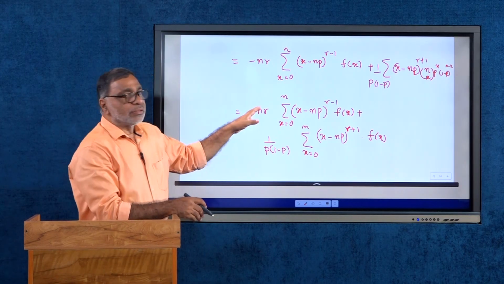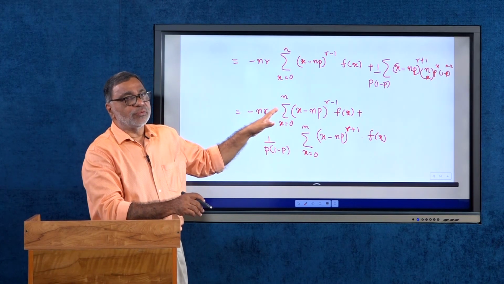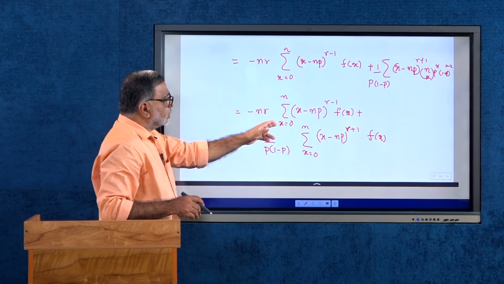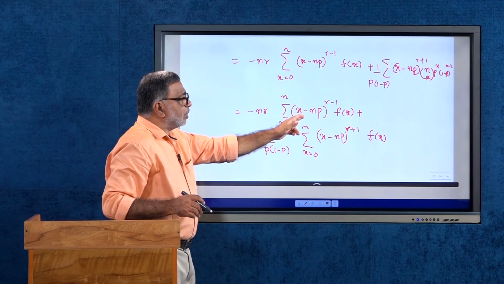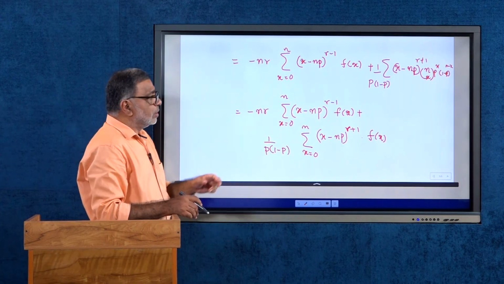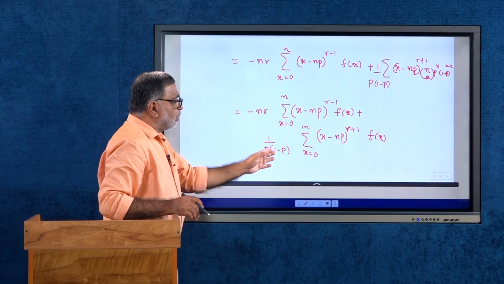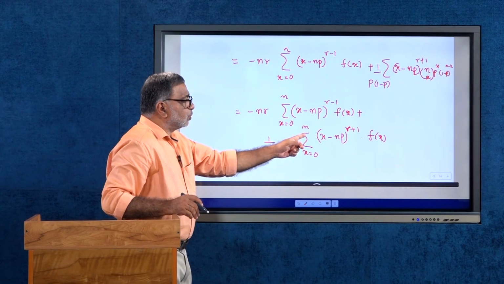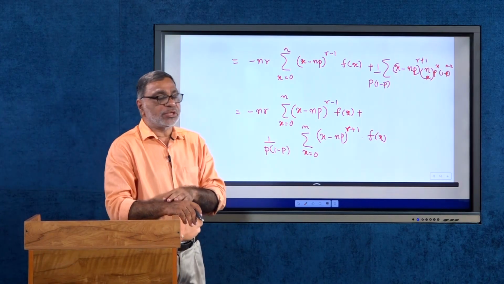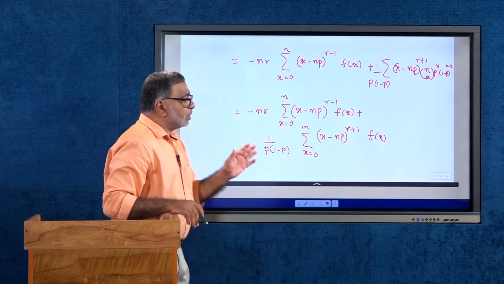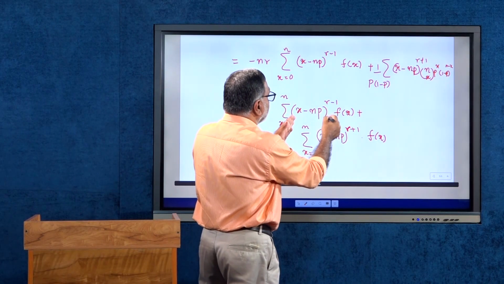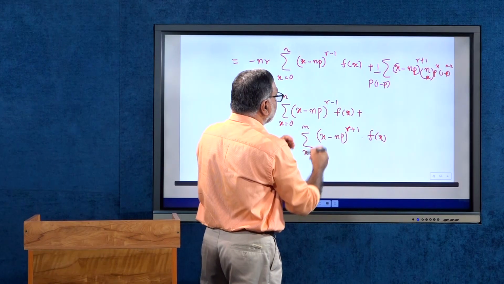See, derivative of mu r with respect to p is minus nr sigma x is equal to 0 to n (x minus np) power r minus 1 into binomial probability mass function plus 1 divided by p into (1 minus p) sigma x is equal to 0 to n (x minus np) power r plus 1 fx, the binomial probability mass function. That is, this is actually (x minus np) power r minus 1 and this is (x minus np) power r plus 1.